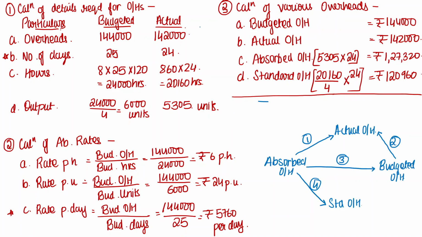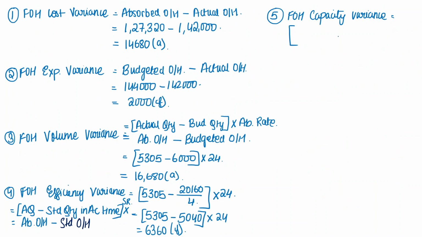In those 24 days, how many hours you should have worked? 24,000. Or how many units you should have made? 6,000. Correct? So 6,000 units you should have made in 25 days. So how many you should have made in 24 days?